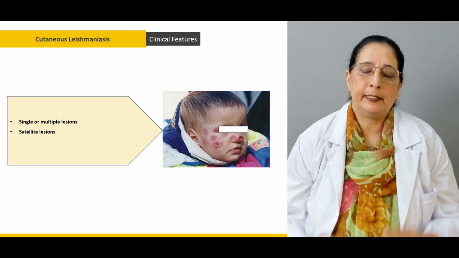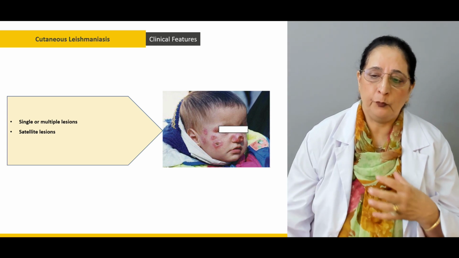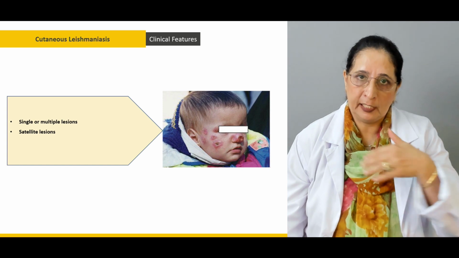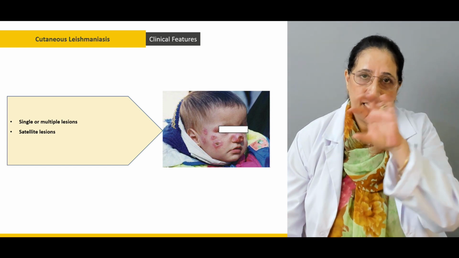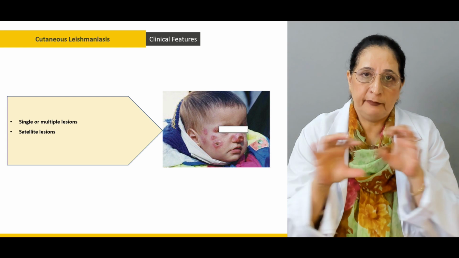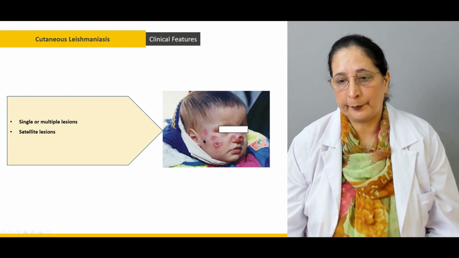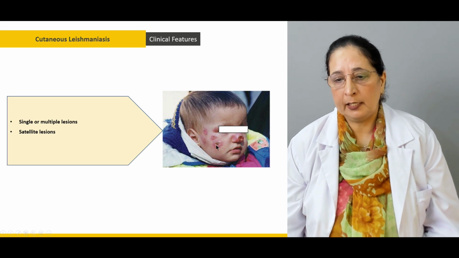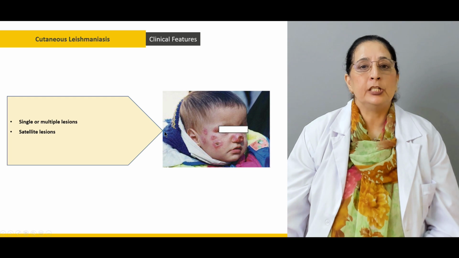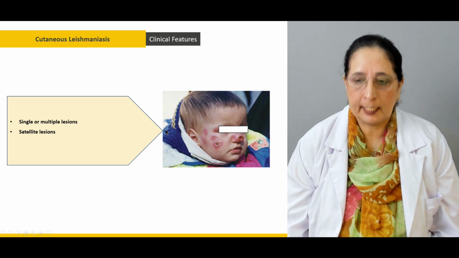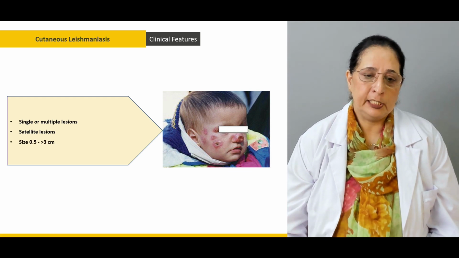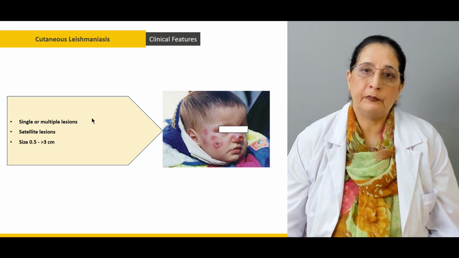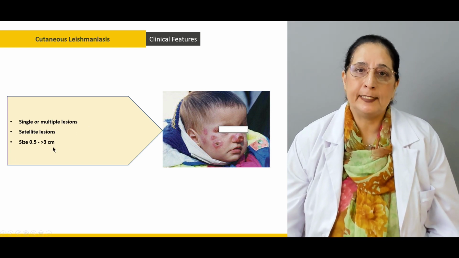Satellite lesions are lesions in which we have a primary lesion, and then surrounding that lesion in close proximity we have other lesions present. So we have the main lesion, and then in the periphery we have other lesions. That's the satellite lesions. The size is about 0.5 to more than 3 centimeters in diameter.